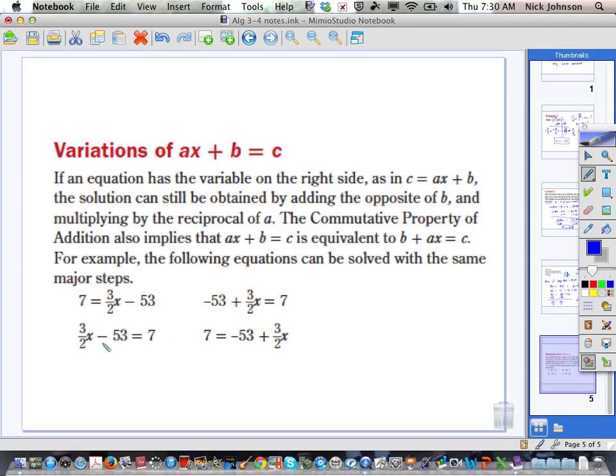Here, inverse of subtracting 53, adding 53, multiply by 2/3. Same thing here. Although these are all written differently, the steps are the same. You have to recognize where your variables are at and what steps you need to take to get everything over to the other side.